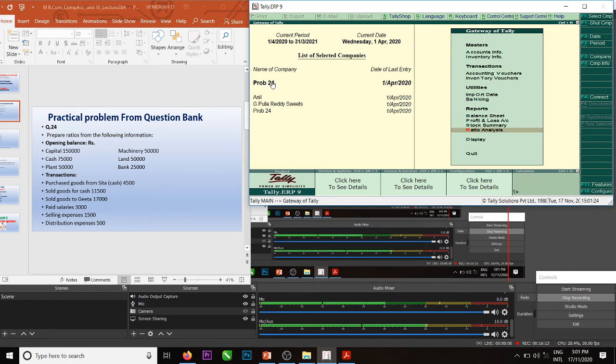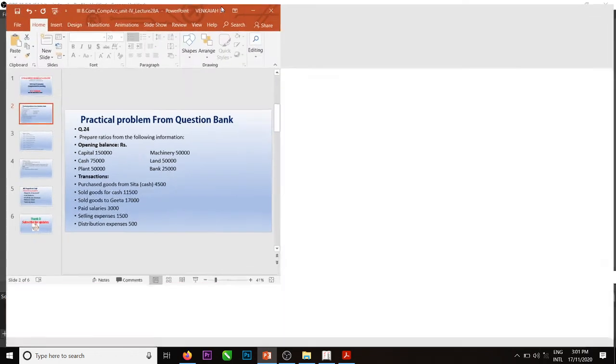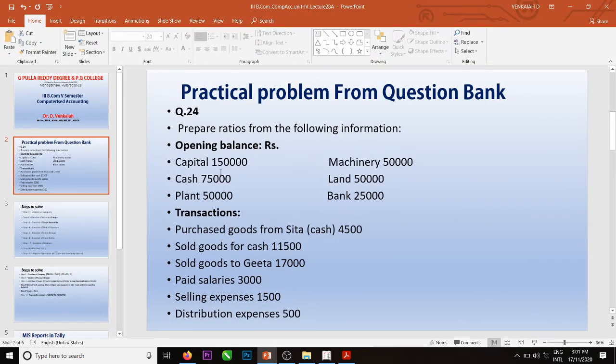So here in the problem we learn, we will come to PPT. Okay. So this is the problem. In this, these are the ledgers which were created, that is capital, machinery, land, plant, bank.